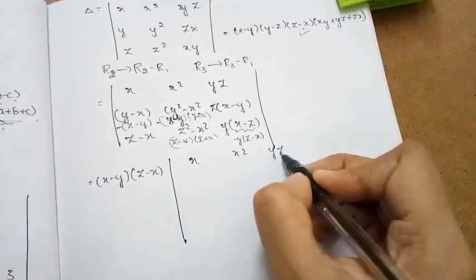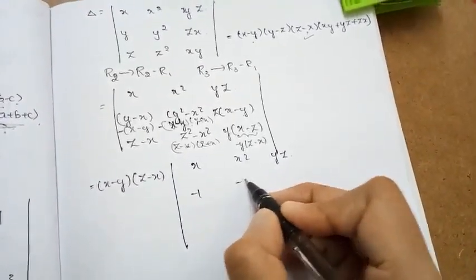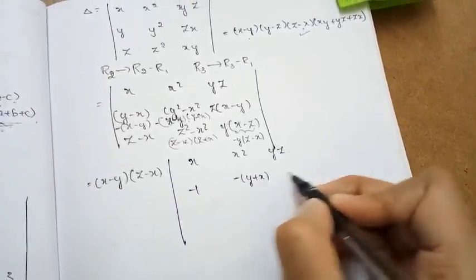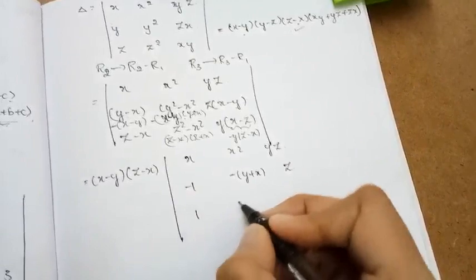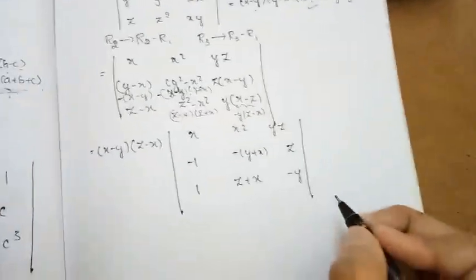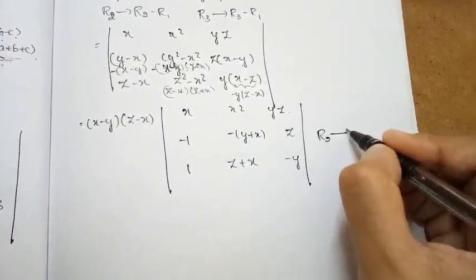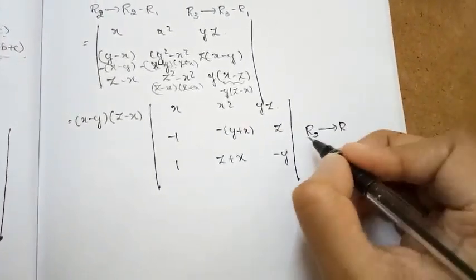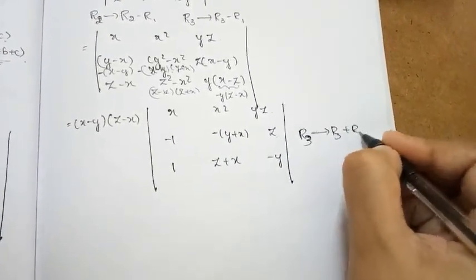First row as it is. In the second row it remains minus 1, here it is minus y plus x, here it is z. Here 1, z plus x minus y. Now by looking at these two, I can apply the row operation R3 implies R3 plus R2.